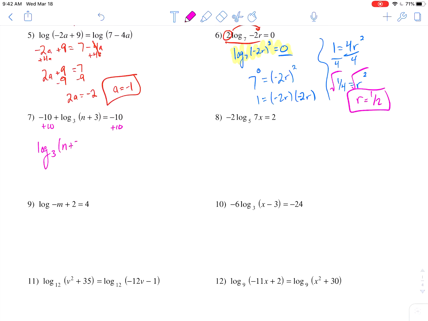So log base 3 of n plus 3 equals 0. And then we've got to write this in exponential form. So the base of my log is the base of the exponent. 3 to the 0 equals n plus 3. 1 equals n plus 3. And then if I subtract 3 from both sides, n is negative 2.